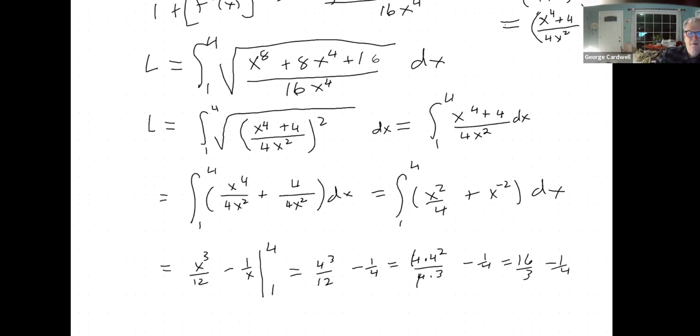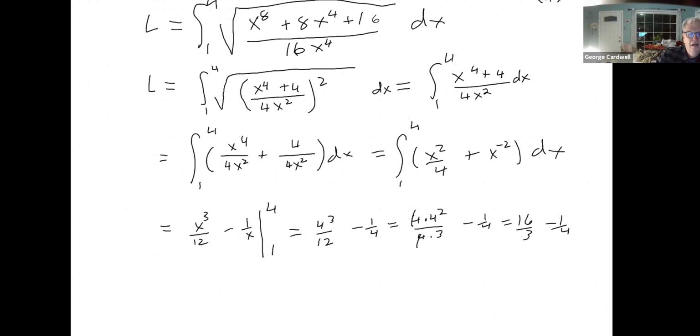You then get the common denominator of 3 and 4, which is 12, right? So to make 3 into 12, you had to multiply by 4, so you got 16 times 4 minus, to make 4 into 12, you had to multiply by 3, so you have minus 3. So this would be over 12. 16 times 4 is 64, minus 3 would be 61 over 12.